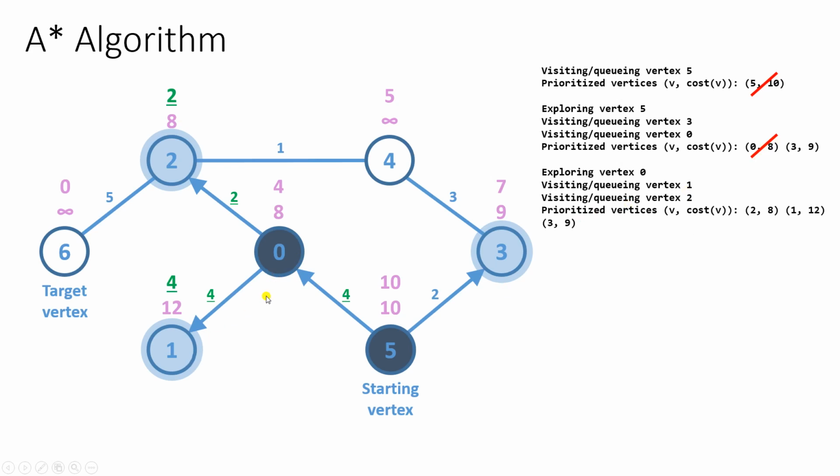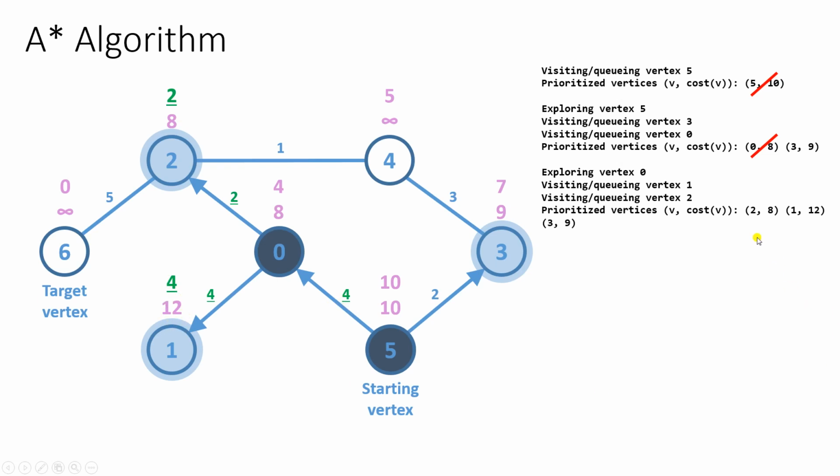That's vertex 1 and vertex 2. Their total costs are calculated as 2 plus 4 plus 2, that's 8 in total for vertex 2. The same goes with vertex 1. It's 4 plus 4 plus 4, and that gives us its total cost of 12.